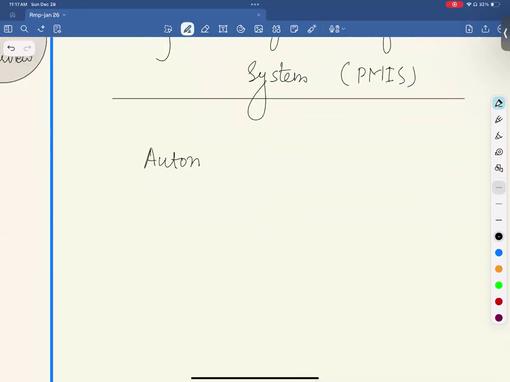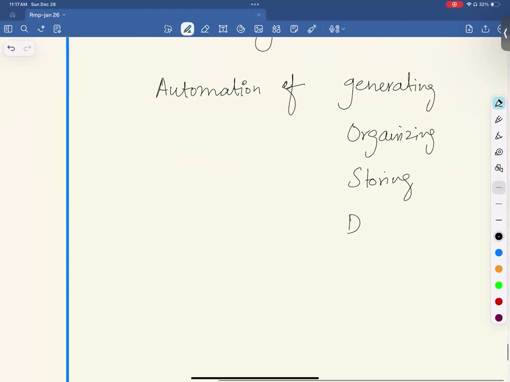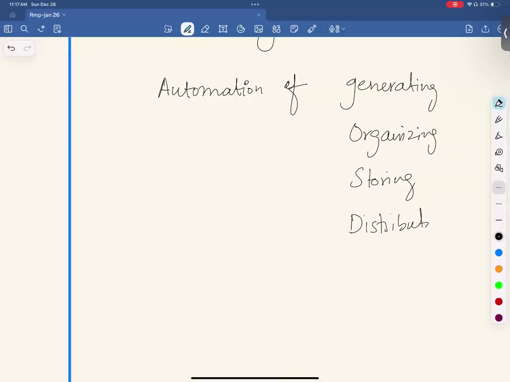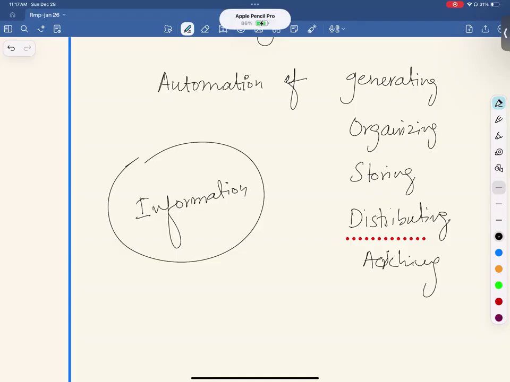PMIS is automation of generating, organizing, storing, distributing, or archiving of project information. Any software or set of software that you use to organize project information is called PMIS, Project Management Information System.